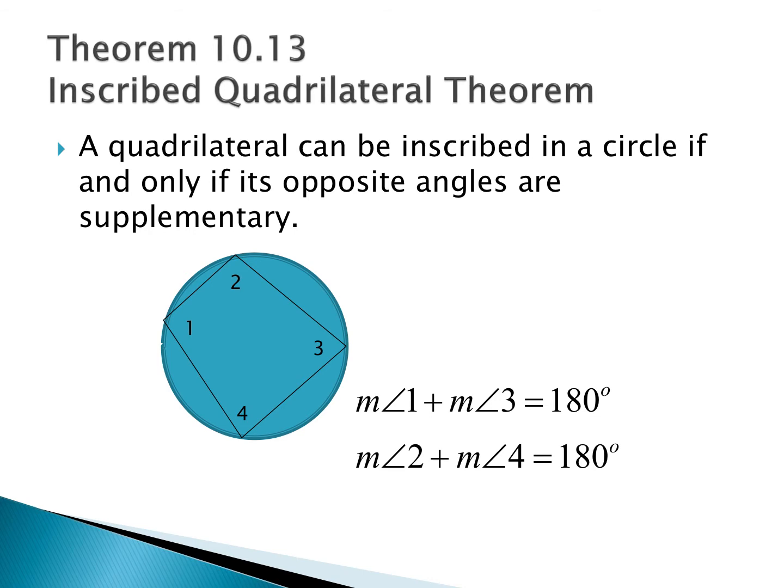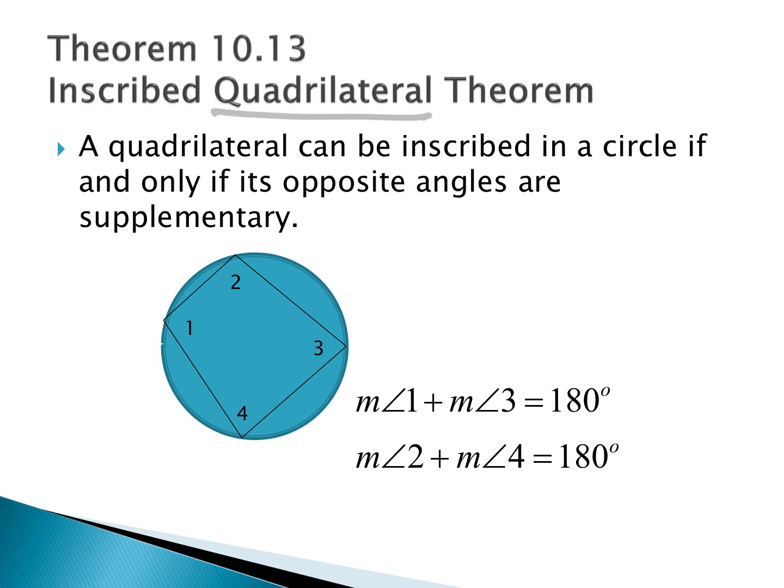So our inscribed quadrilateral theorem states that a quadrilateral can be inscribed in a circle if and only if its opposite angles are supplementary. Now remember, back in our quadrilateral chapter, when we had parallelograms, opposite angles were congruent. So here we're just talking about a general quadrilateral.